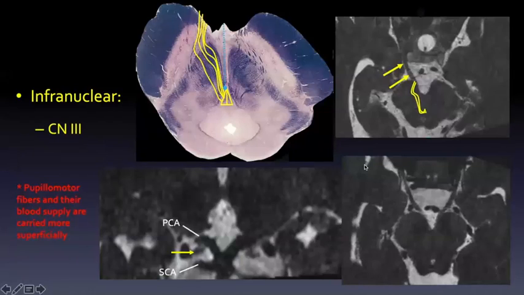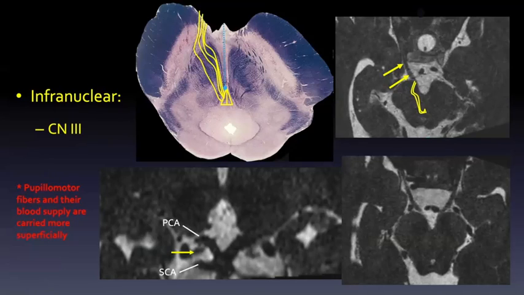The infranuclear pathway of cranial nerve 3 courses through the red nucleus and then exits the midbrain along the medial aspect of the cerebral peduncle between the posterior cerebral artery and superior cerebellar artery, and then passes through the cavernous sinus before branching into the superior and inferior divisions and entering the orbit through the superior orbital fissure.